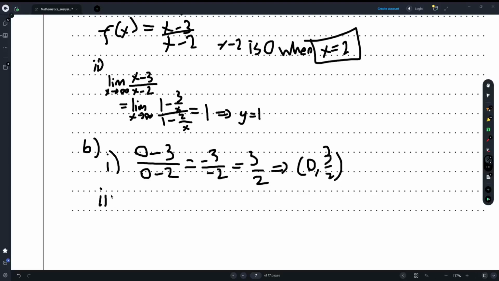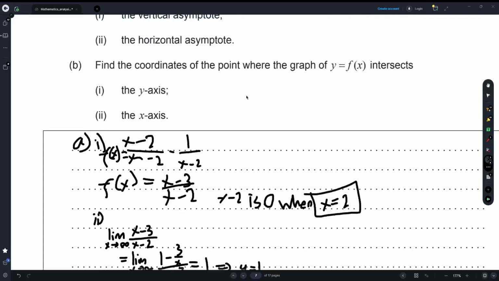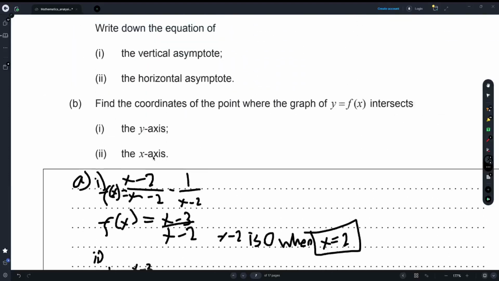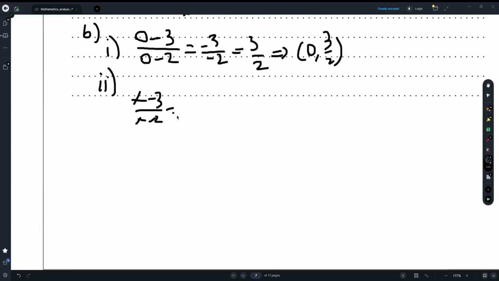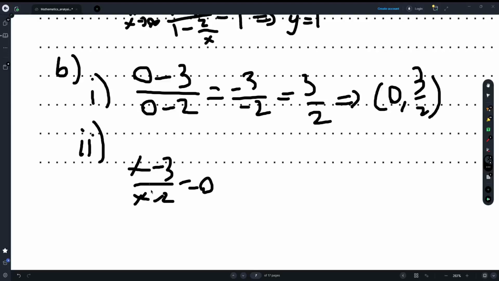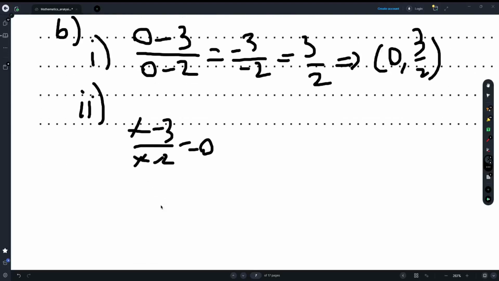For the second part, we equate this to 0, so x minus 3 over x minus 2 is 0, because if we want to intercept the x-axis, it's going to be when the y level is 0. The only way this will be 0 is if the numerator is 0, because we can multiply this out.